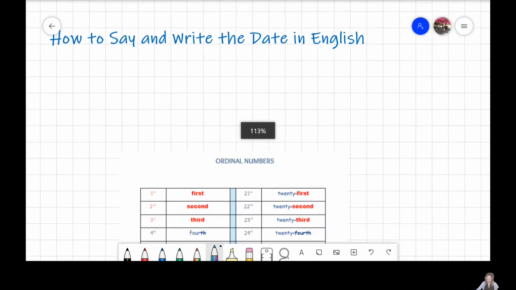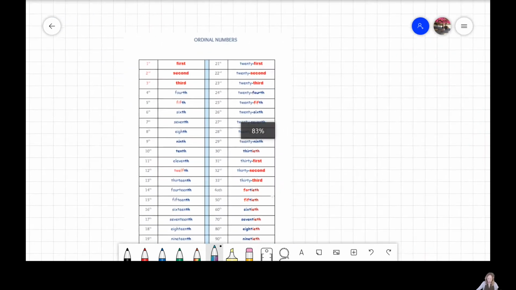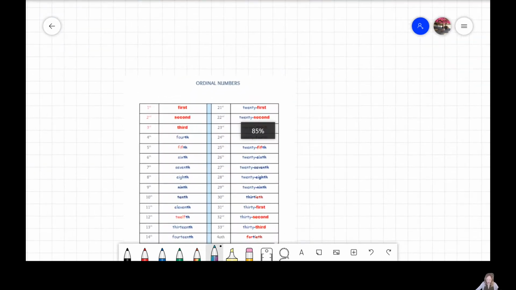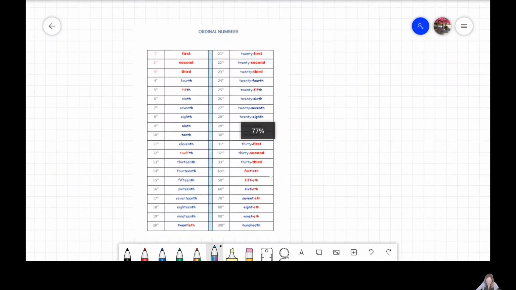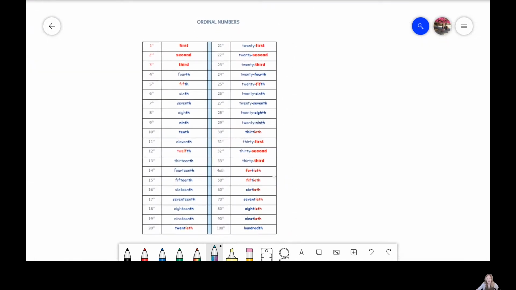And the first thing we're going to begin with is something called ordinal numbers. Ordinal numbers are just a little bit fancier version of the cardinal numbers, the numbers you already know: 1, 2, 3, 4, 5, and so on. Ordinal numbers show the position of something. You have this also in your native language.